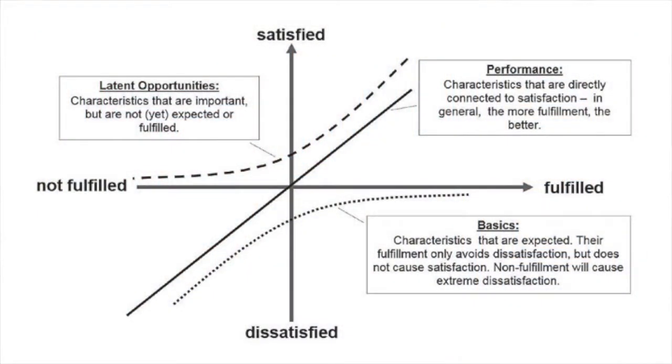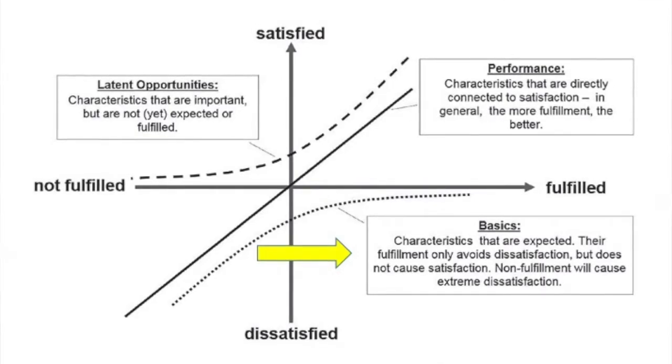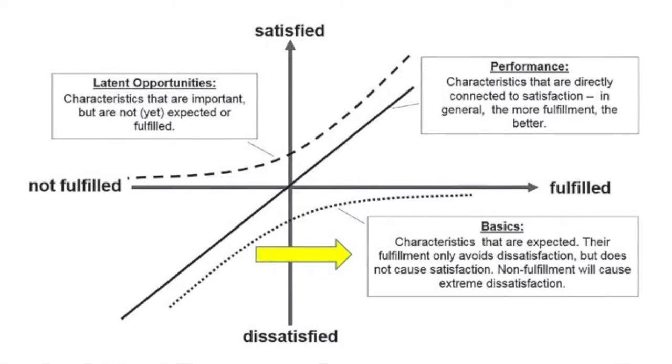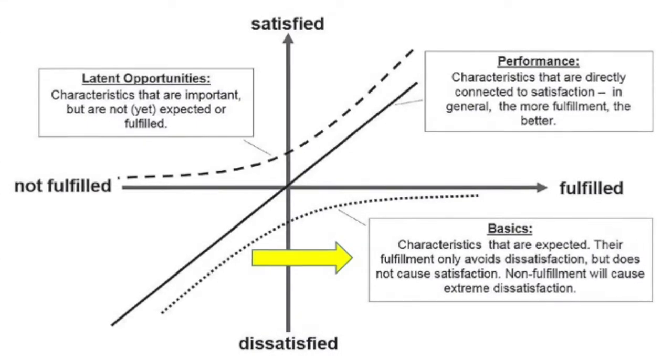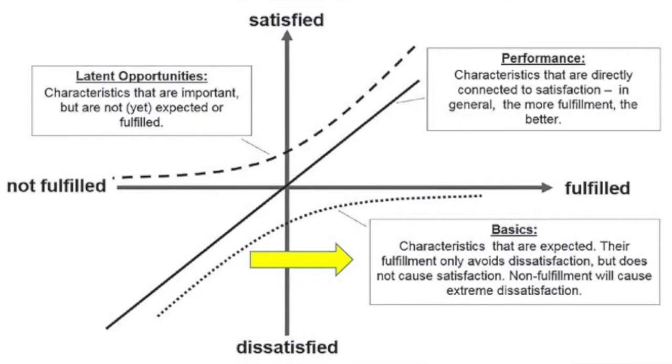You'll see here in this rather complicated model, again from ISO 10004, that down here in the bottom right hand corner is where many of us live. We've met the basics that customers are after, and this is what we need to deliver in order to keep a customer.